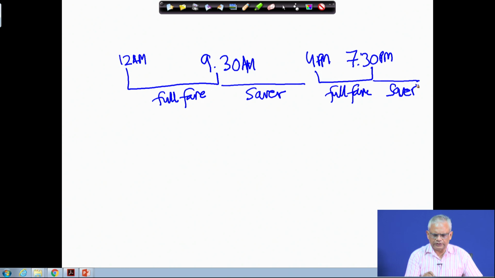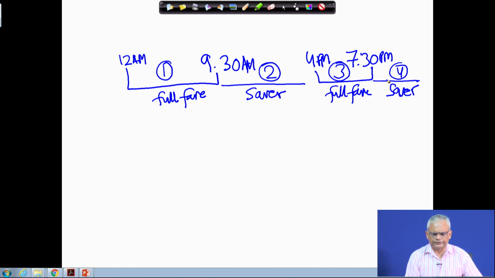Now, the equivalence classes are here: the first equivalence class, second equivalence class, third equivalence class, fourth equivalence class. We need to take one value from each of these equivalence classes.